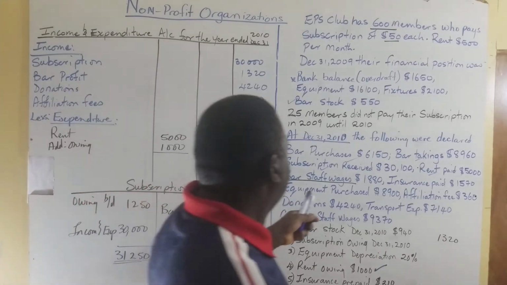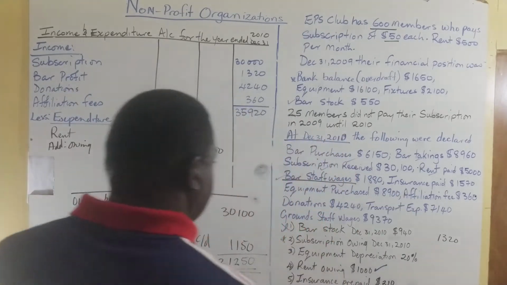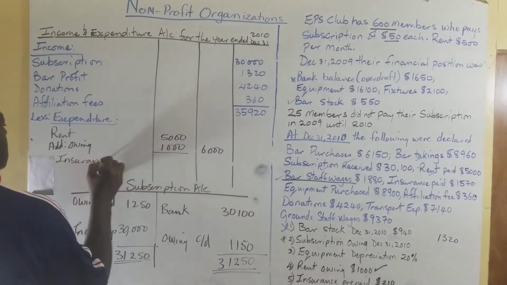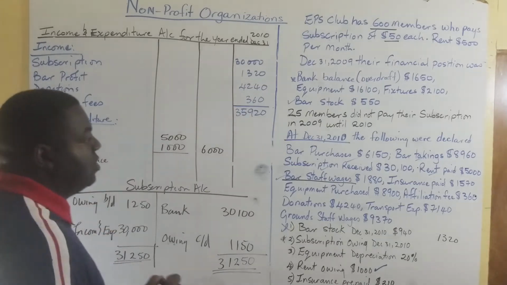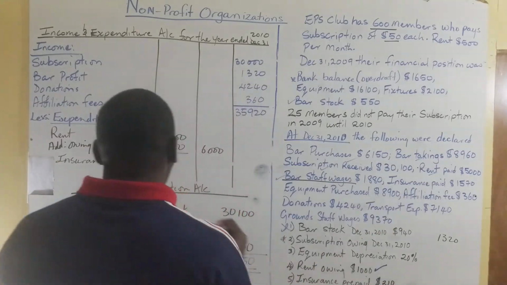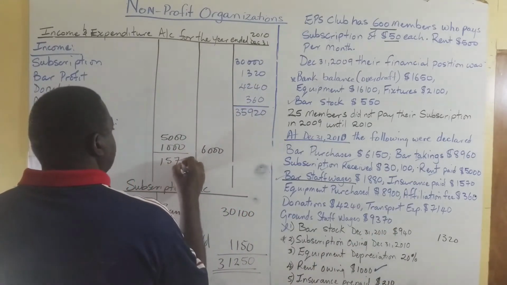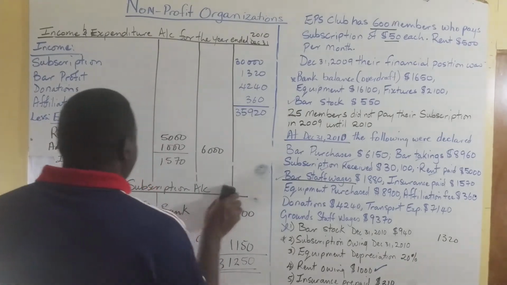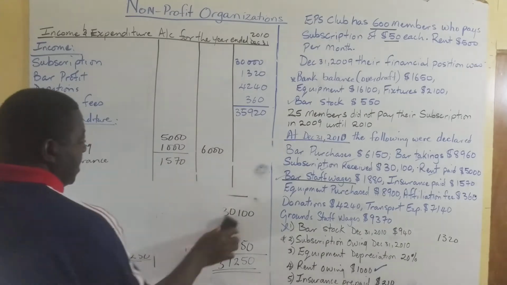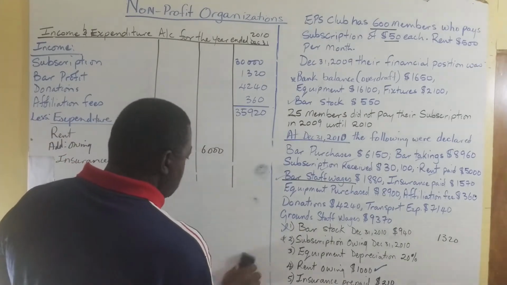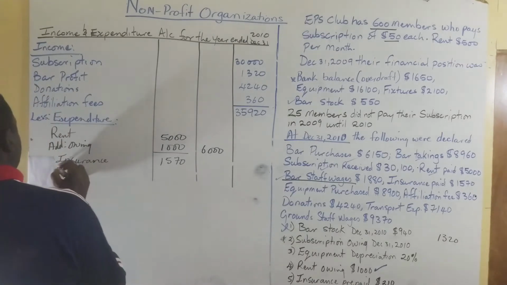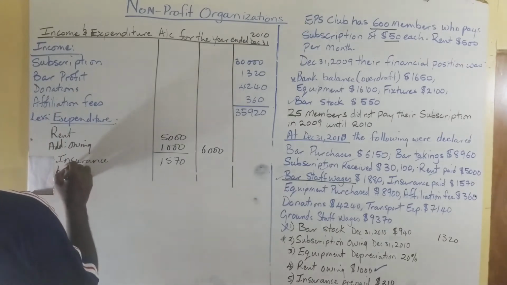We are also told that we have insurance, and we have paid insurance an amount of $1,570, and we are told in the note that we have prepaid an amount of $210. So we paid in advance $210, so we must now subtract it.